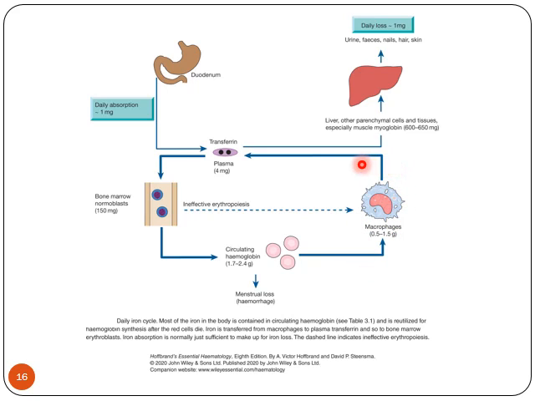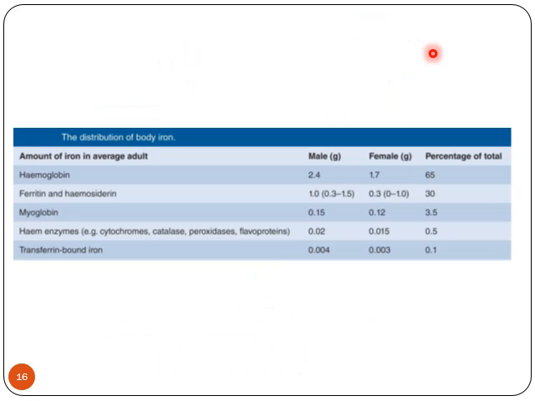Then the free iron will be carried back by the transferrin in the plasma and will be transported to the liver and other parenchymal cells and tissue, especially in the muscles, myoglobin, to be excreted afterwards in the urine or the feces, nails, hair and skin in the same rate it has been absorbed.